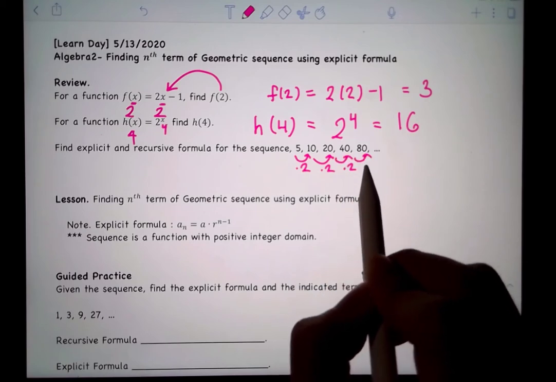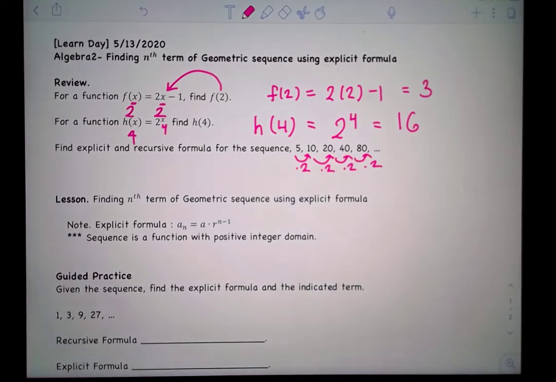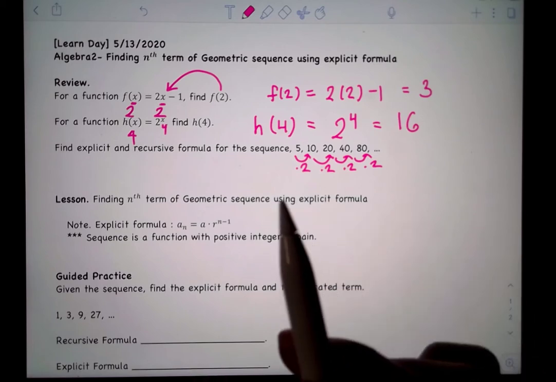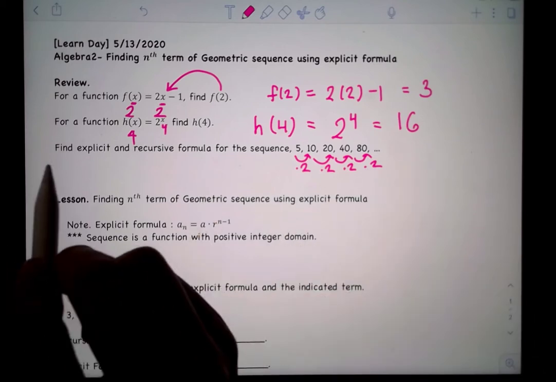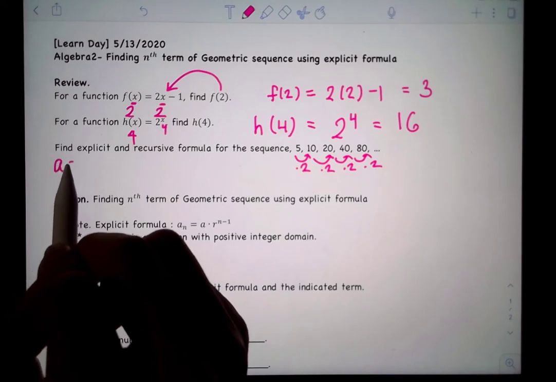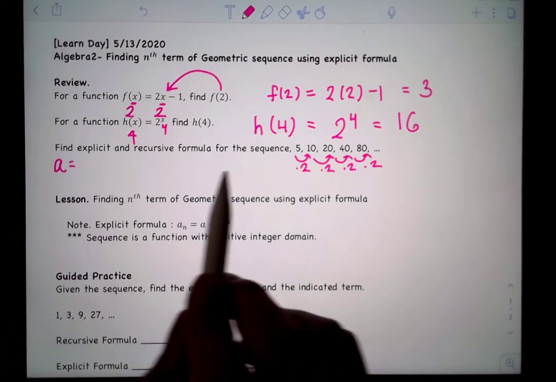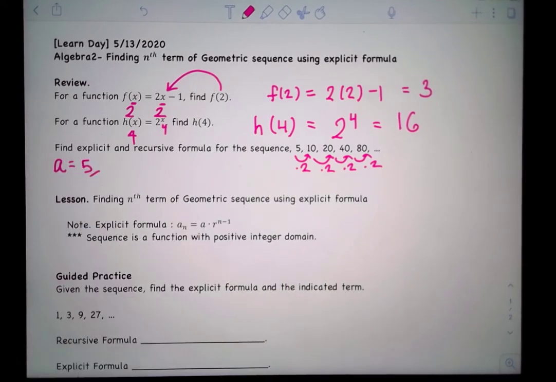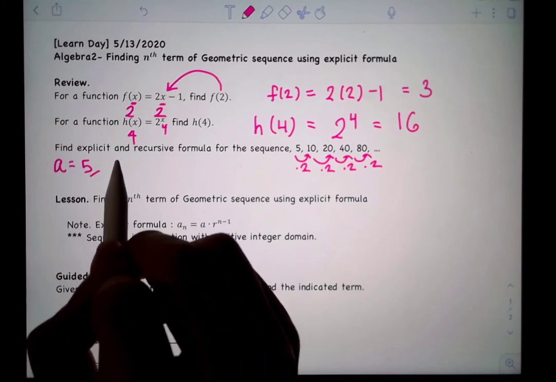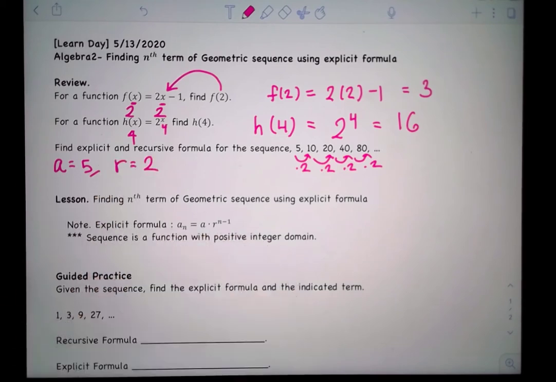You do the same thing. So your pattern is what? Multiplied by 2. So that is a geometric sequence. And my first term is 5, right? And my r, common ratio, is 2, right?